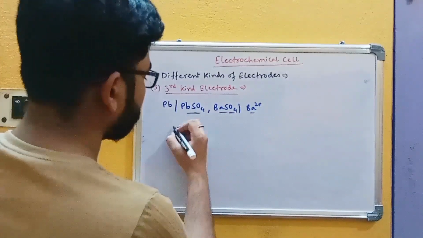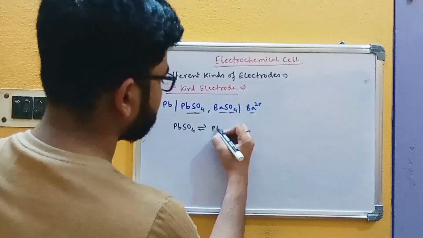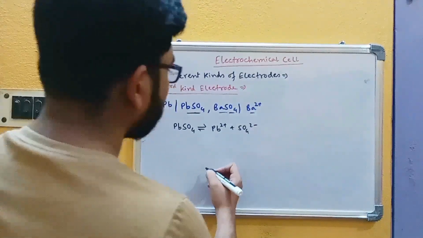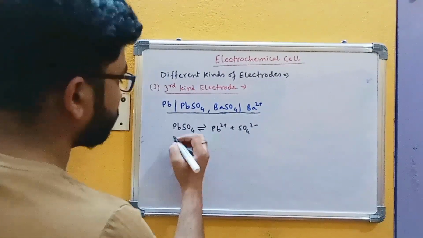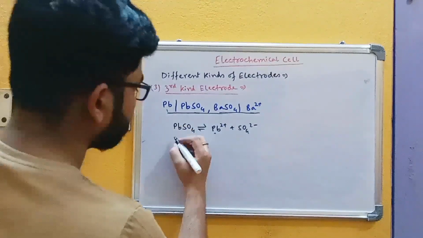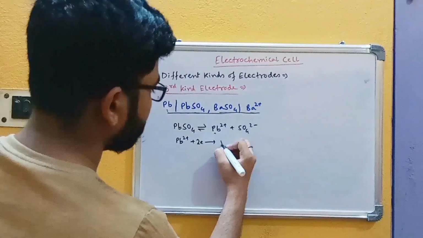Now we are trying to write the half cell reaction of this third kind electrode. Firstly, start with this salt. PbSO4 dissociates as Pb2 plus and sulfate. Now look, there is no Pb2 plus in this representation, so we have to write Pb2 plus in terms of Pb. So Pb2 plus plus 2 electrons gives Pb.